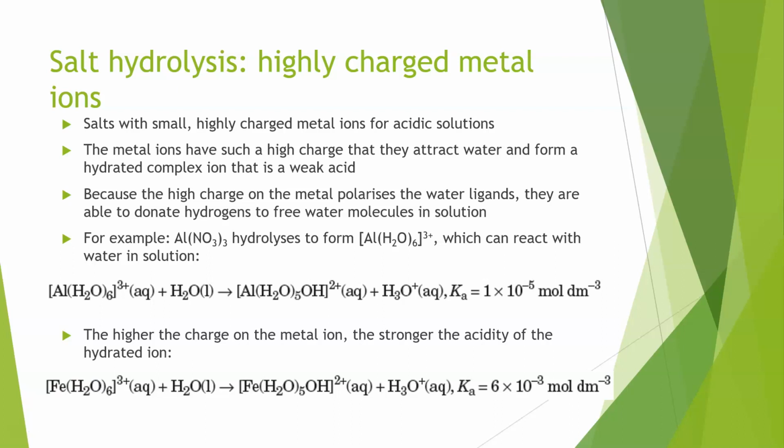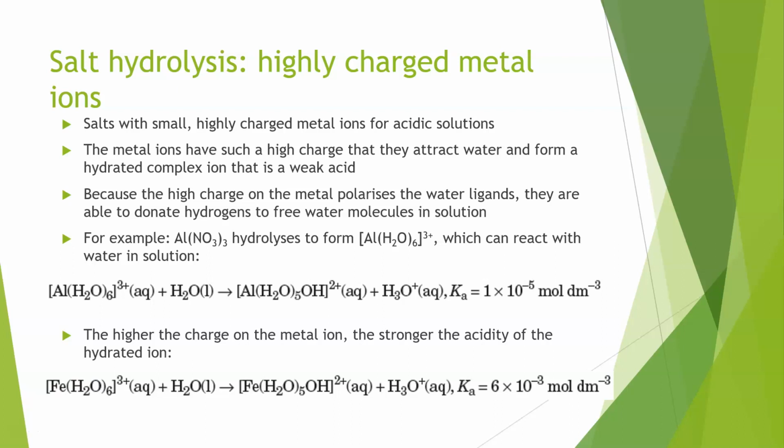Cations from group 1 are typically heavier and do not have a large enough charge density to attract water in the way that we see the aluminium and the iron doing in these complexes. Okay, so we don't see hydrated complexes forming with these metals typically.